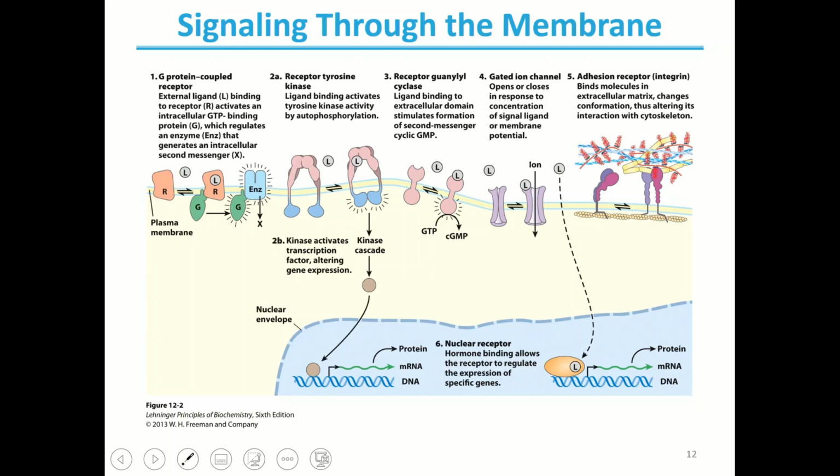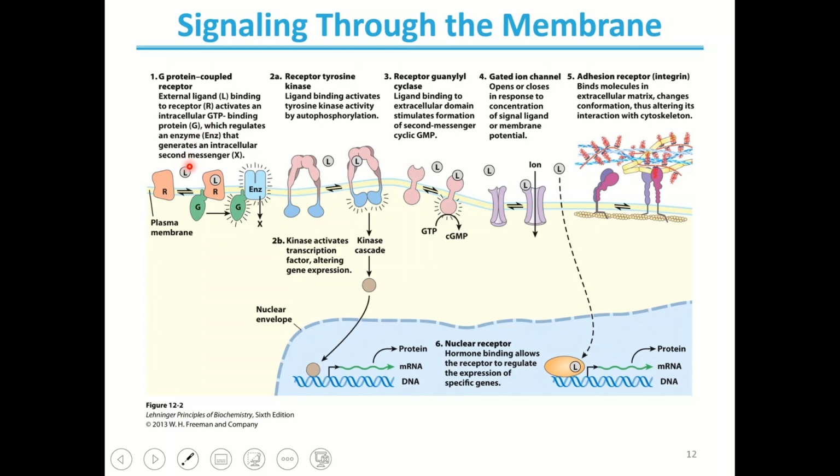And I should mention too, before I get too far ahead of myself, 1 through 5 of these all involve membrane-bound receptors. Number 6, nuclear receptors, those are the ones that aren't membrane-bound.